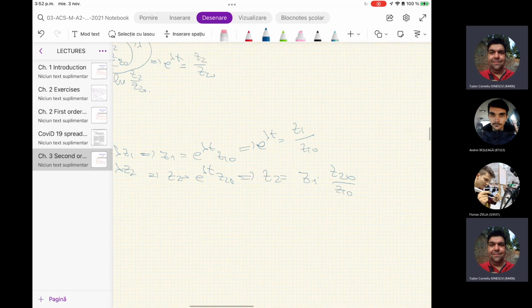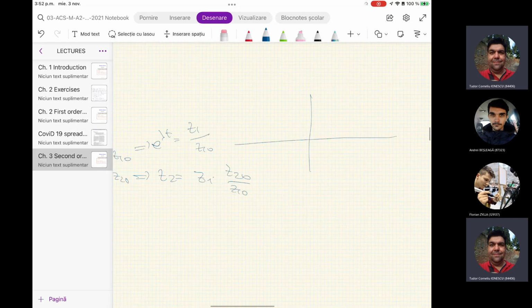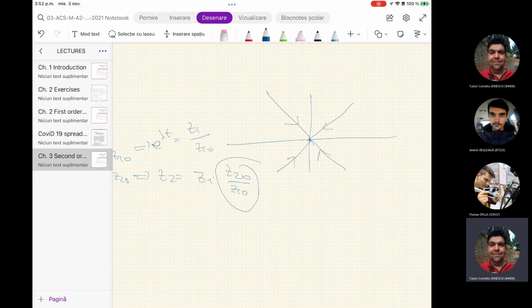So what have you got in this case? You've got lines with a slope Z2 naught over Z1 naught, and you've got stable or unstable, in this case.